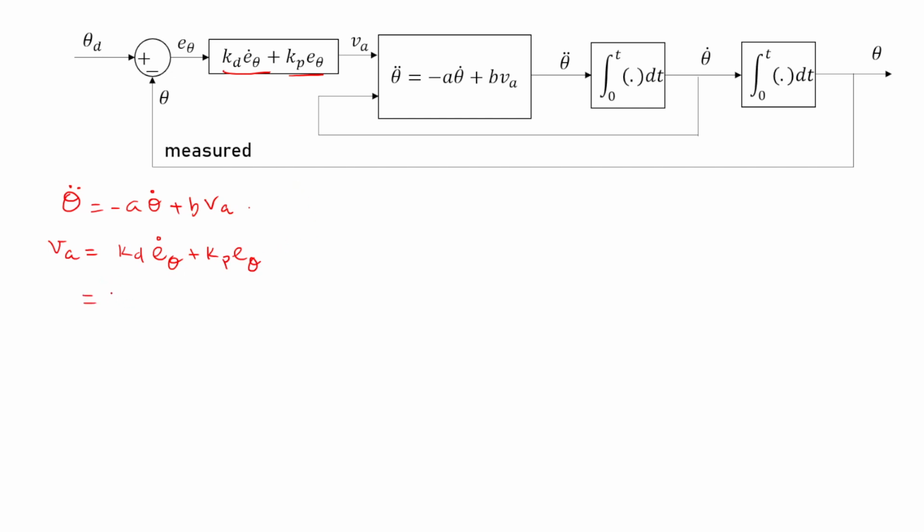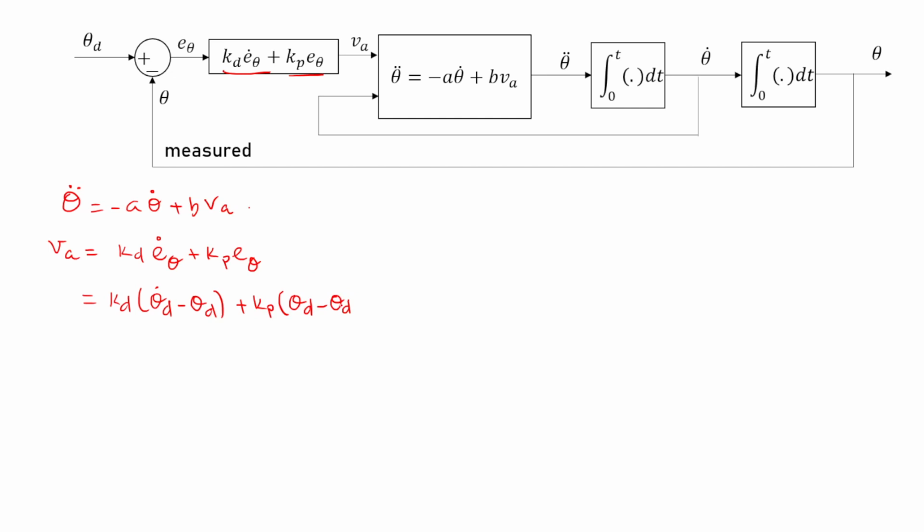Or you can rewrite it as KD times (theta D dot minus theta dot) plus KP times (theta D minus theta).